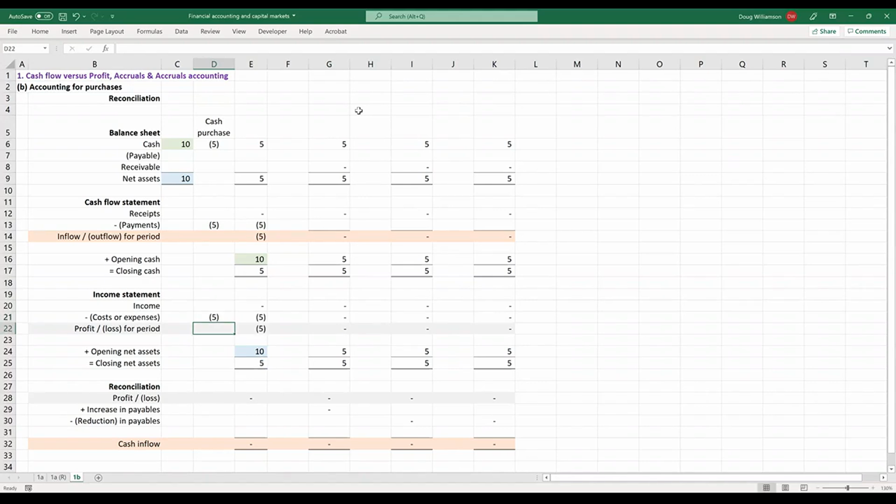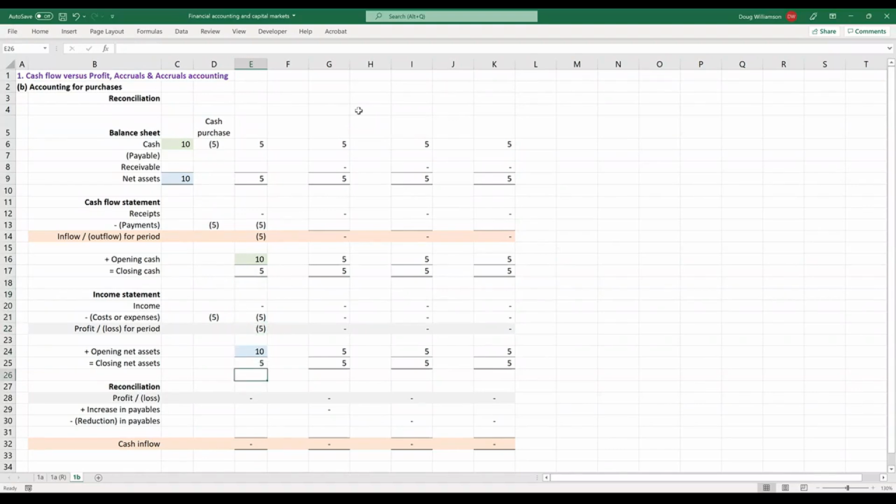So for a cash purchase, cash goes down, net assets go down, and we incur a loss. So profits go down, or we get a loss, assuming nothing else was going on.